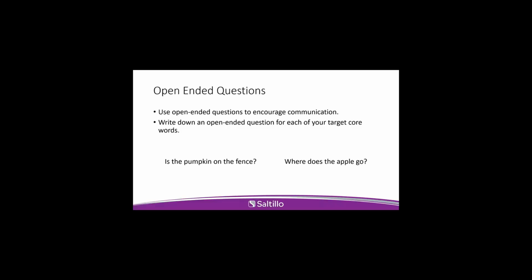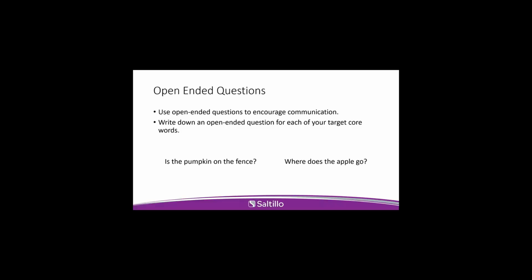If we just do yes/no, or questions that have a very specific answer, it kind of starts to turn into testing. If we're expecting them to answer a certain way, maybe that's the only vocabulary they were given. And so by thinking about open-ended questions and these core words, they can have some control over what they say, which can be really helpful.